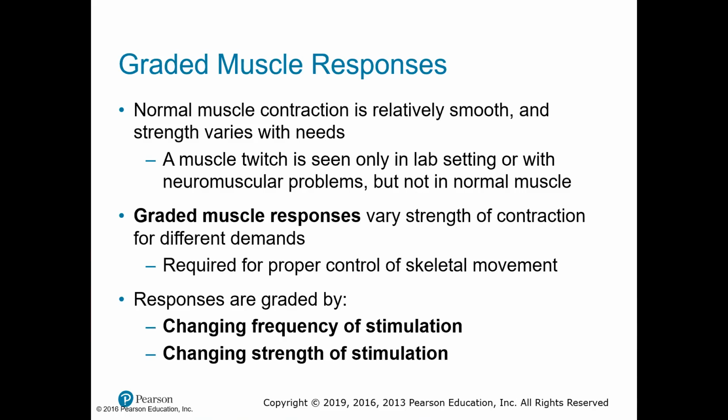That's our muscle response. We base our response according to what we're trying to accomplish, according to what we're trying to move in the environment. Now, there are two ways that we can grade our responses: by changing the frequency of the stimulation, or by changing the strength of the stimulation.